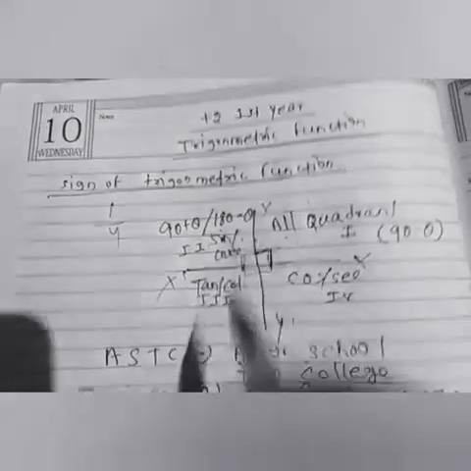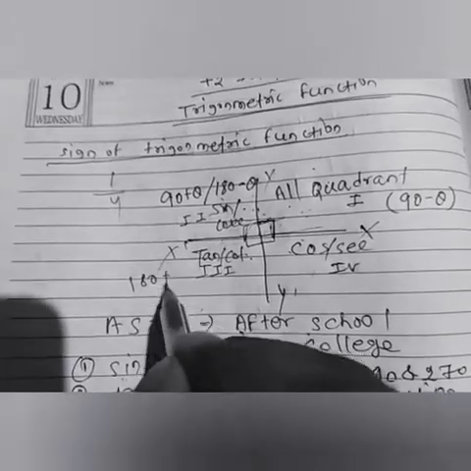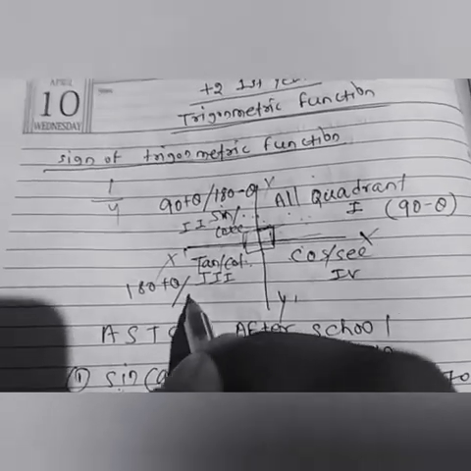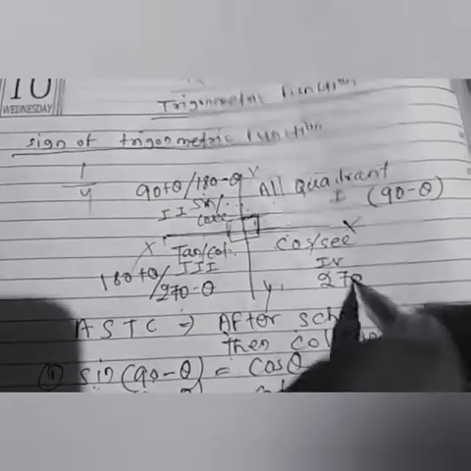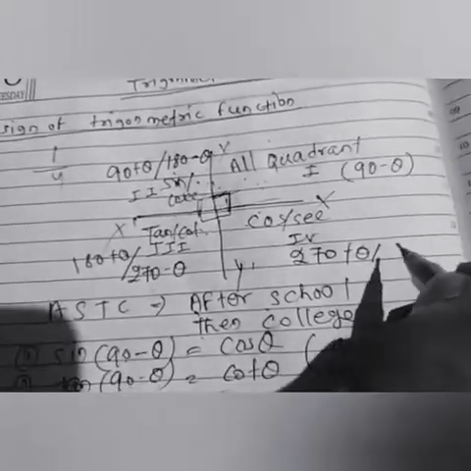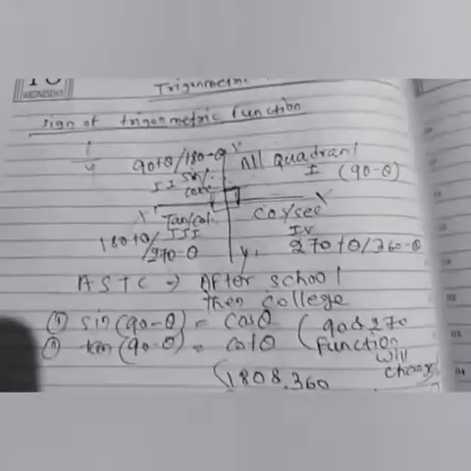Then third is 180 plus theta or 270 minus theta. Then fourth is 270 plus theta or 360 minus theta. Okay, like that we can check the sign.